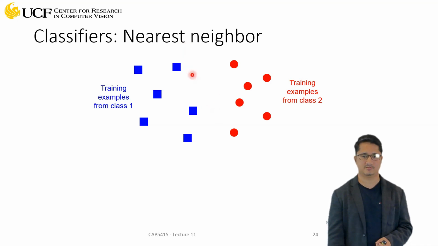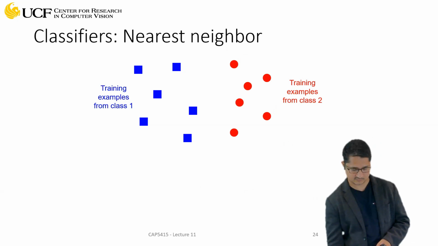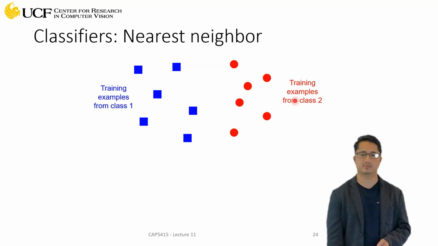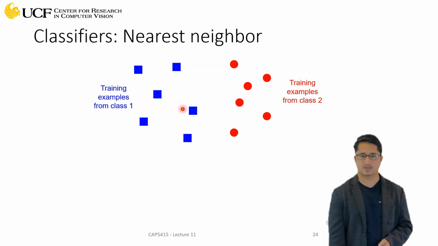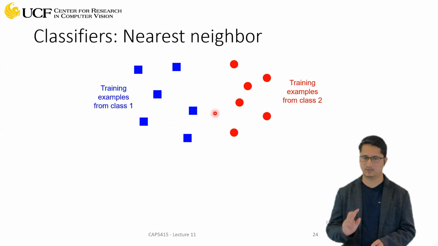So here's the idea. You have your training samples, and you know that you have two different classes.